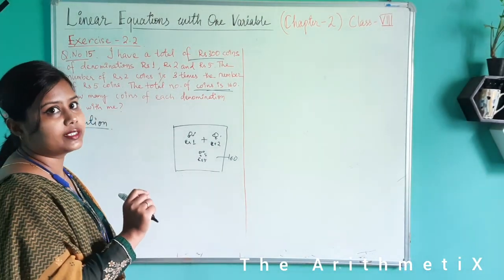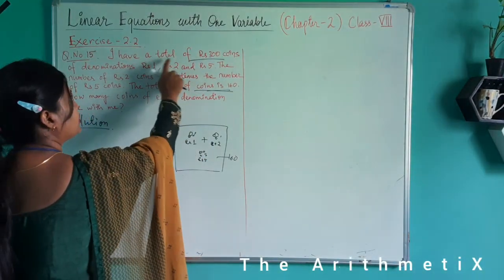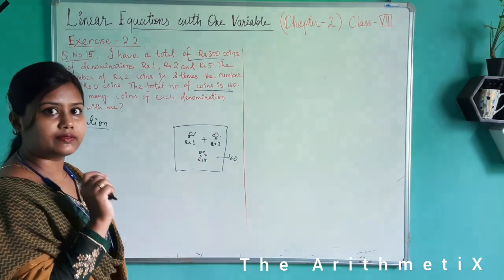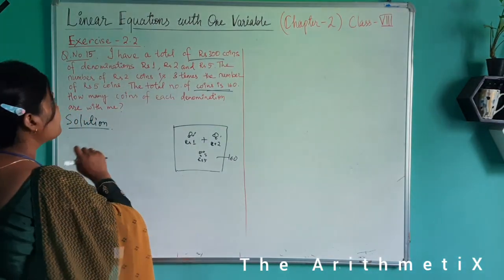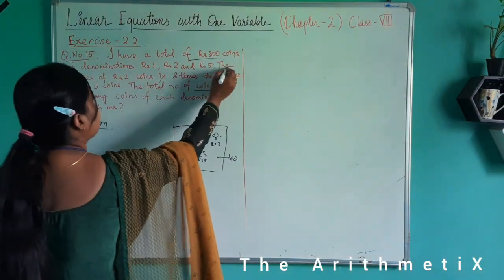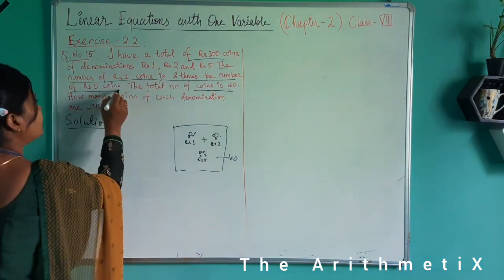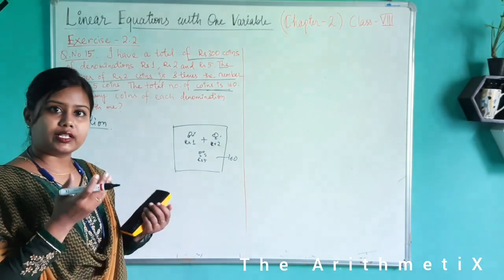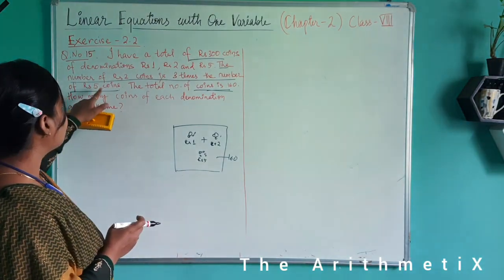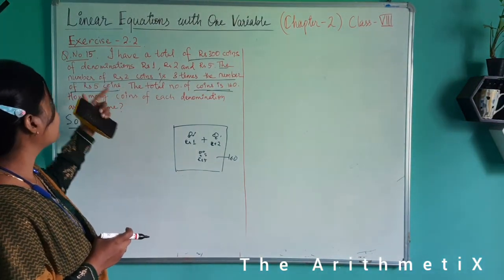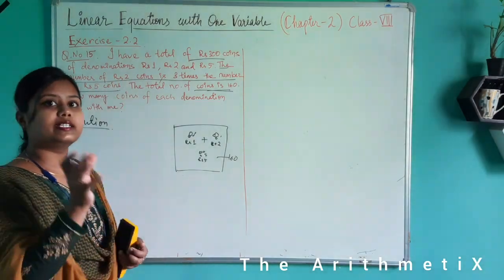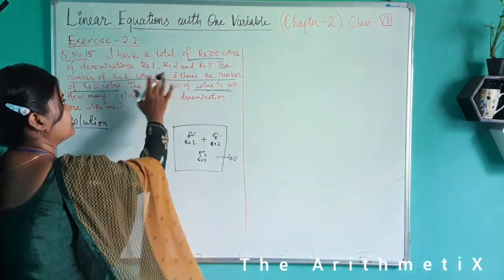Both are different concepts. Try to understand carefully. Another condition is that the number of rupees 2 coins is 3 times the number of 5 rupee coins. Whatever the number of 5 rupee coins is, we don't know. We will assume it. The 2 rupee coins will be 3 times that according to this condition.